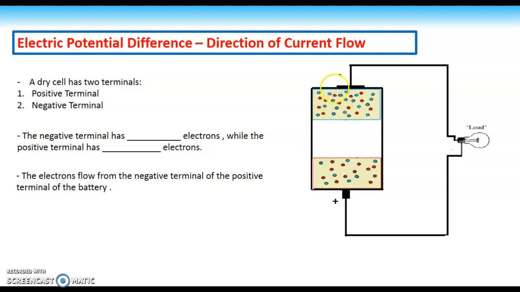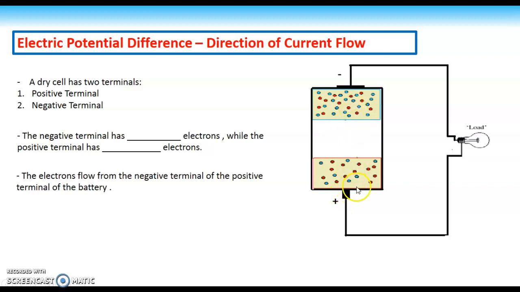If you count them, you can see that in the negative terminal of the battery, the electrons are more than the protons. However, for the positive terminal of the battery, the protons are more than the electrons.